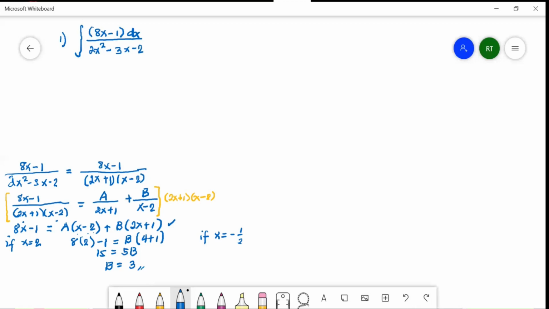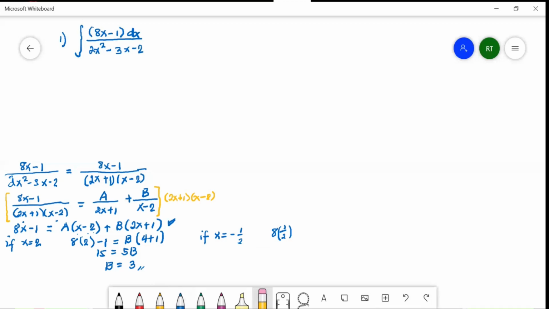When 2x plus 1 is equal to 0, then 2x equals negative 1, so that x equals negative 1 half. We are going to substitute x equals negative 1 half in this equation.